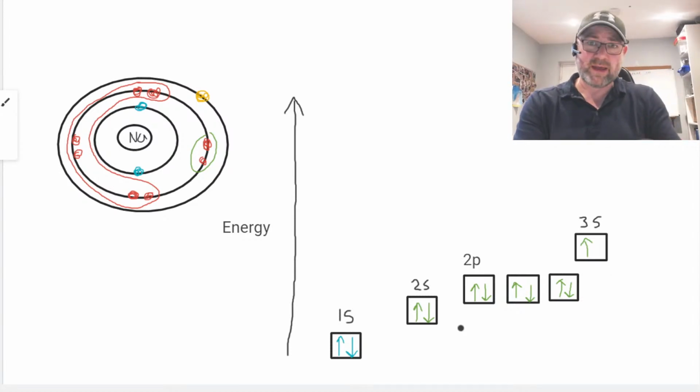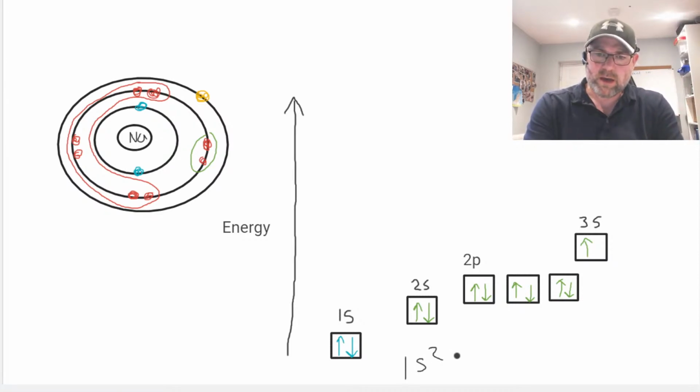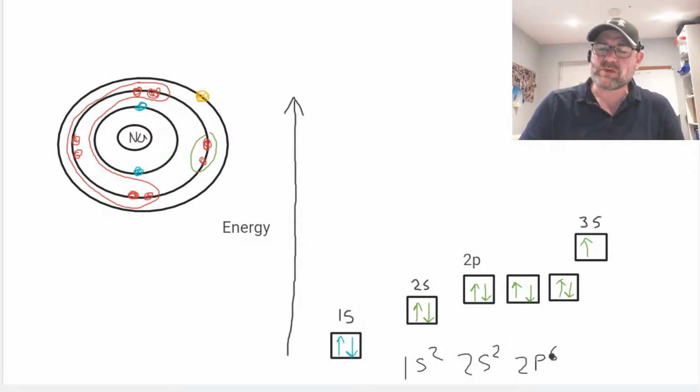Now, if I want to write this in subshell notation, I write it like this: 1s2, 2s2, and then 2p6. The p subshells can always hold up to 6 electrons with 2 in each box, and I'll talk about what these boxes represent in a second. And then 3s1.